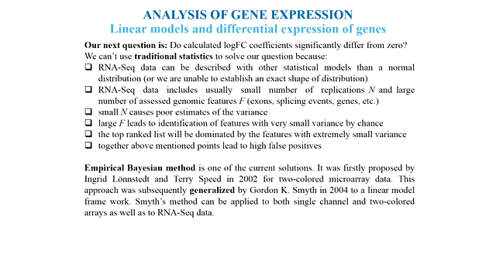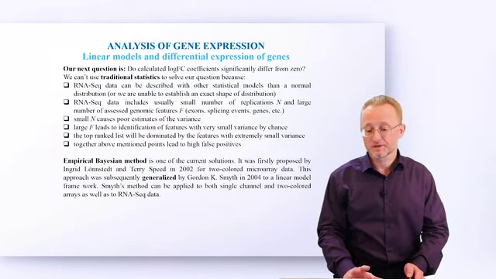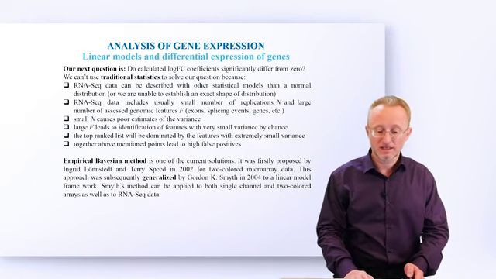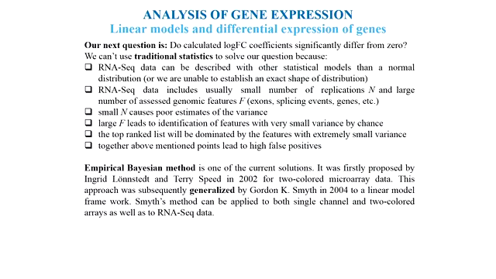And our final question is, are the calculated logFC coefficients significantly different from 0? Unfortunately, we cannot use traditional statistics to solve this problem because, first, RNA-seq data cannot be described with a normal distribution, or we are unable to establish an exact shape of the distribution.